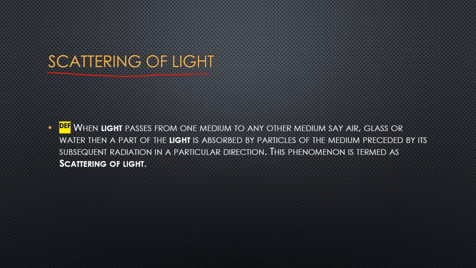The definition is: when light passes from one medium to another medium, let's say air, glass or water, a part of the light is absorbed by the particles of the medium. Let's say there are two mediums, and light passes from here to this point. There are particles, and some part of this light gets absorbed.